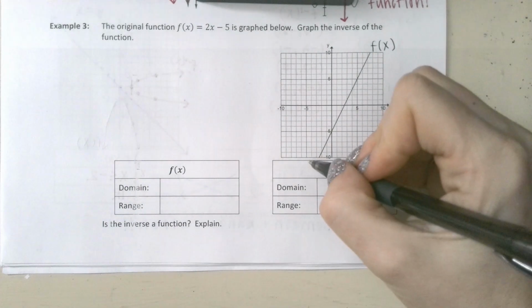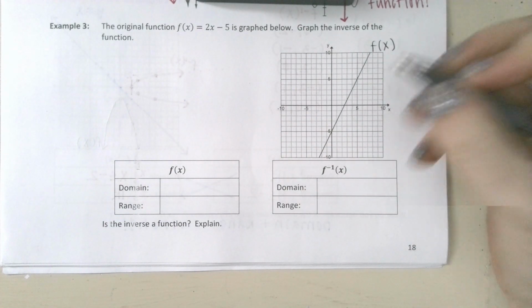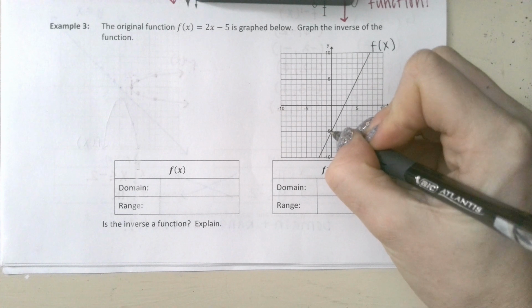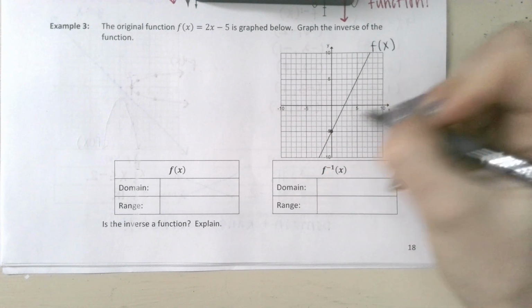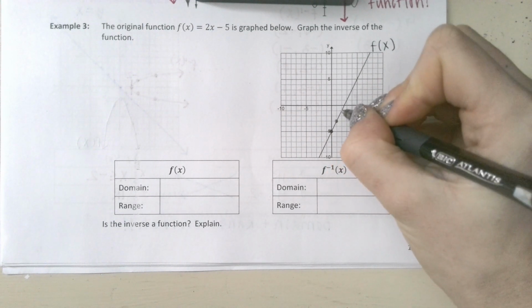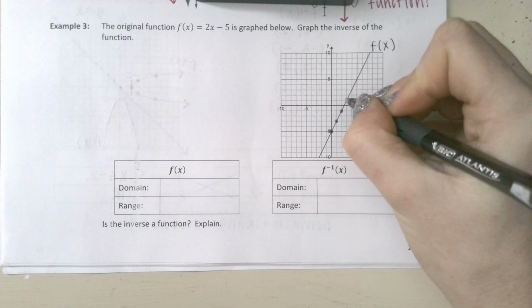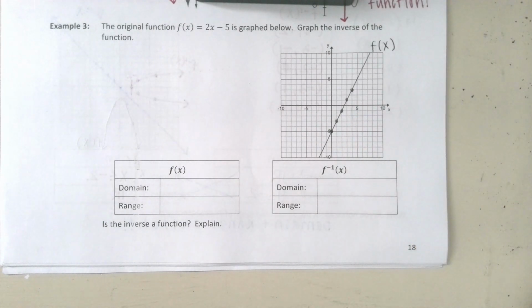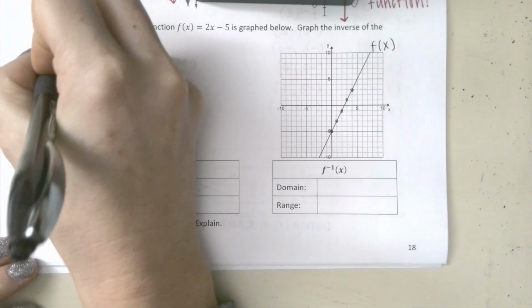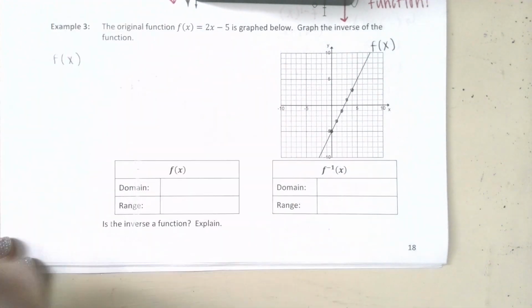So again, I'm going to start with finding some nice points on f of x. There are tons of nice points here. You just need to find, like we said, maybe 4 or 5 of them. I'm going to go with those ones. So these are my points for f of x.